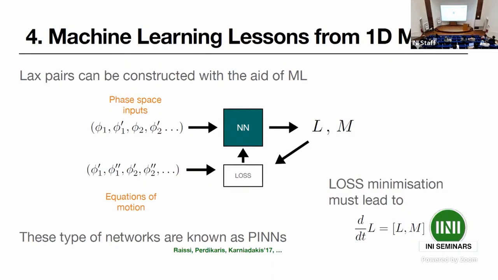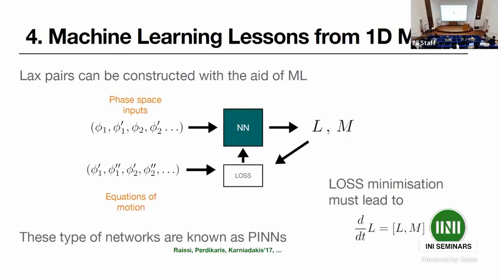And basically, what our neural network is going to do is to take phase space elements, whatever I have in my action or my Lagrangian, and then for these, it is going to produce a pair L and M, two matrices of a given dimension, depending on what I have in my phase space. And then the minimization of a given loss must lead to a pair L and M that indeed satisfies this Lax pair equation.